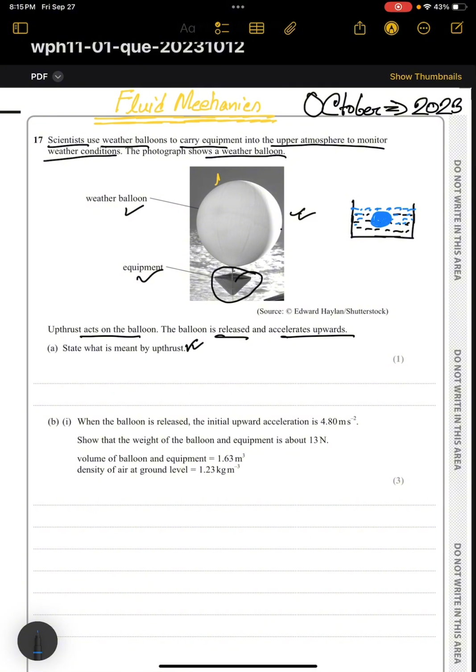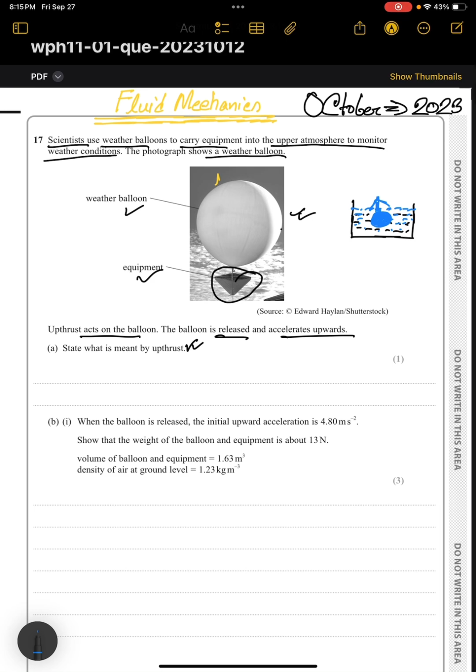The weight of this displaced air is equal to the upthrust force acting on the ball. The weight of the air which this ball has displaced is the force with which the remaining air will exert a force on this ball.